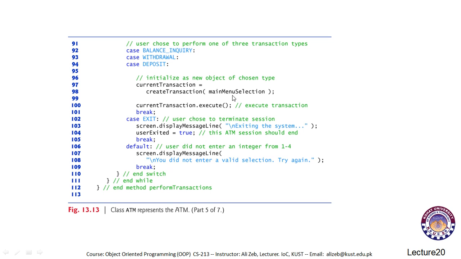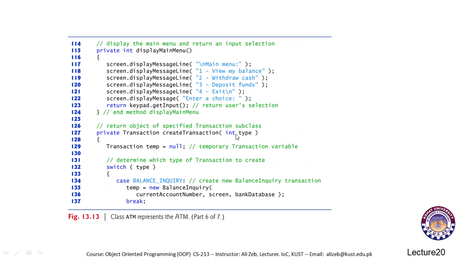and based on the choice that the user has entered, we pass that choice to the create transaction method. The choice is received here, and in case the user has chosen balance inquiry, our temporary transaction variable is initialized as an object of the balance inquiry type by sending the details that the balance inquiry constructor will require.